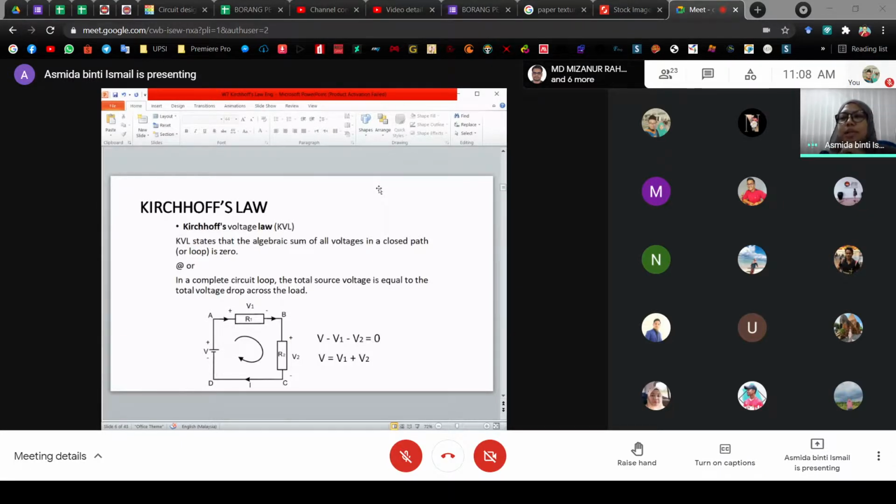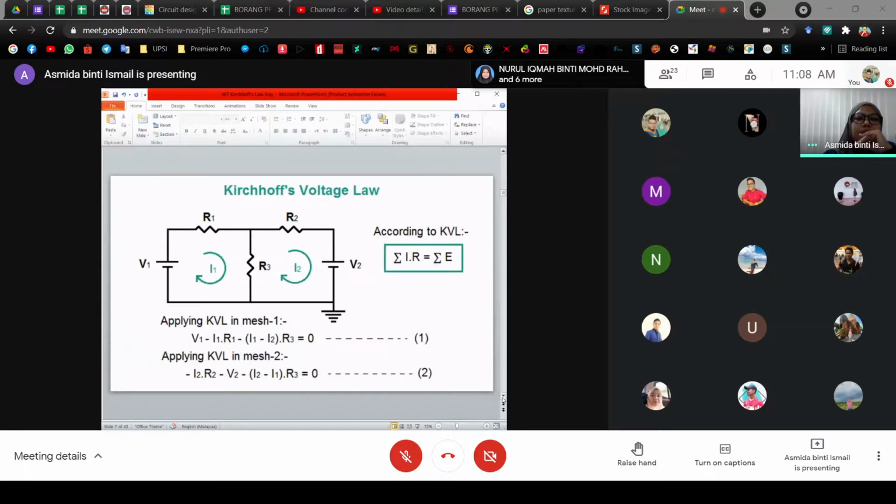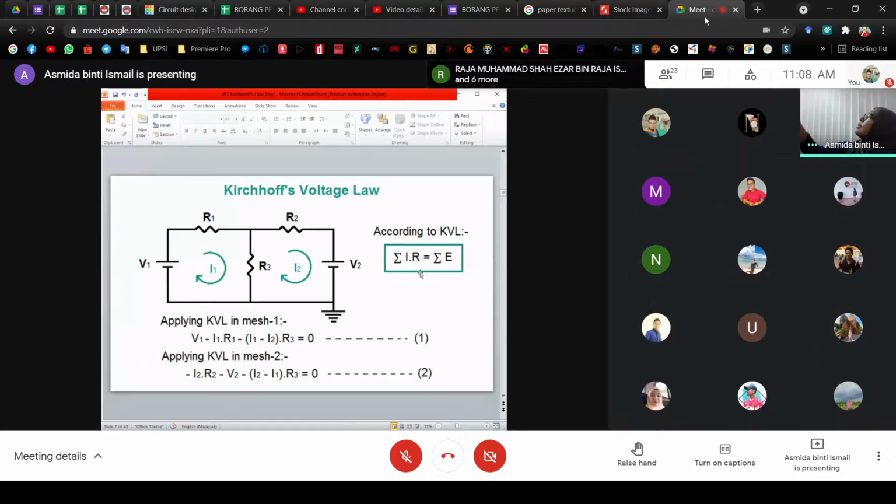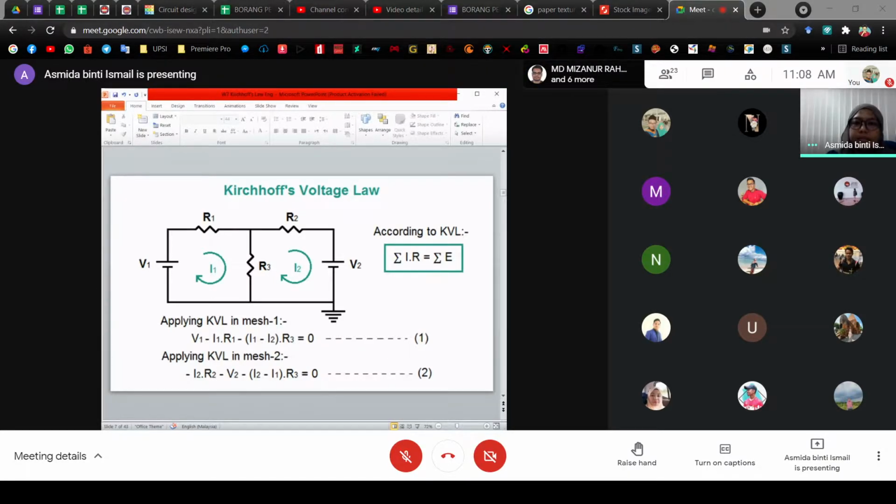So what you want to use in mesh analysis or in loop analysis is this law. Okay, this is the example. We look at the example.